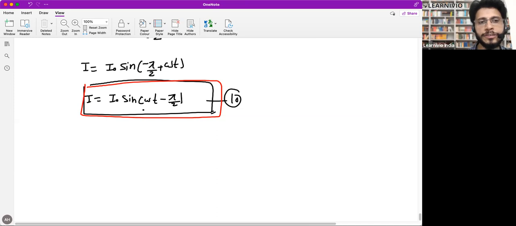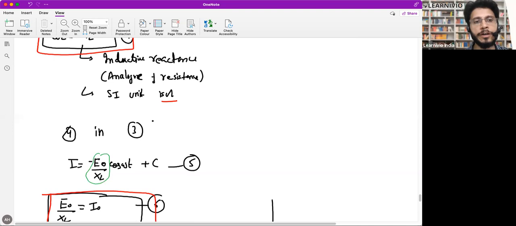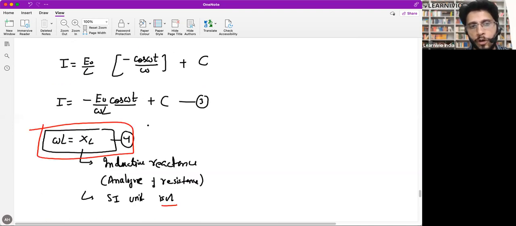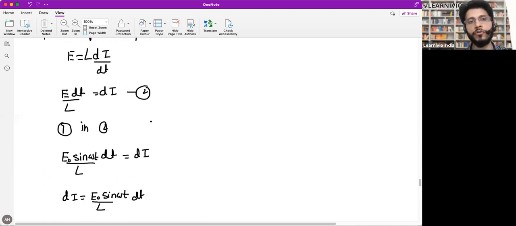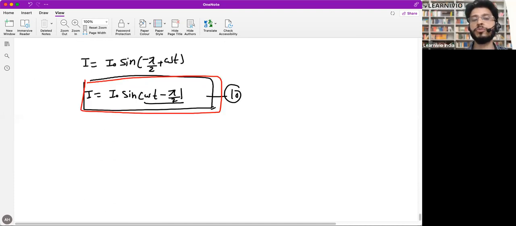Very good. This is the equation of EMF, E naught sine omega t, and this is the equation of current, I naught sine omega t minus pi by 2. For EMF, the phase is omega t. For current, the phase is omega t minus pi by 2. So both have different phases.